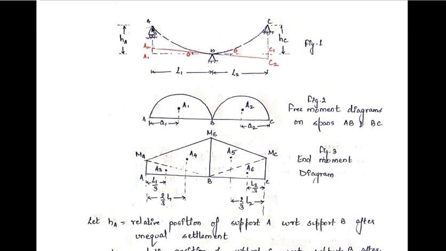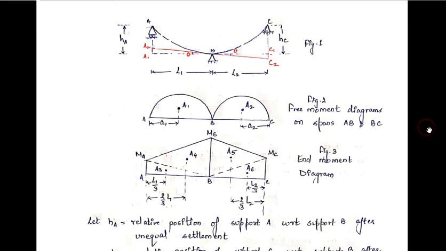The deflection of point A with respect to the tangent drawn at point B. And we have already studied in the moment area theorem that the deflection of any point with respect to the tangent drawn at the other point is equal to the moment of the area of the M by EI diagram between those two points about point A.